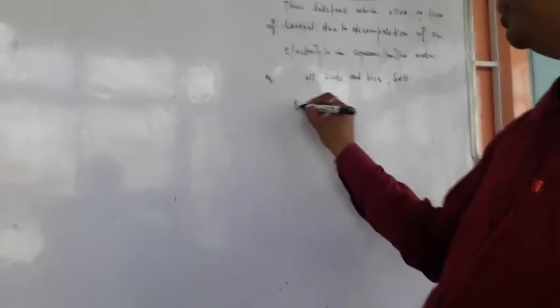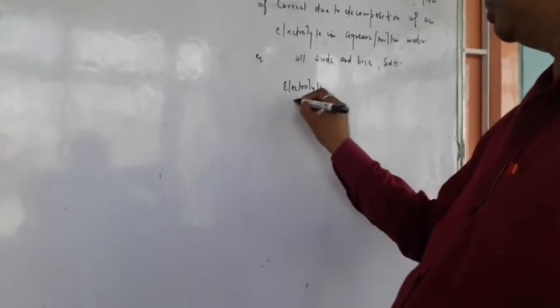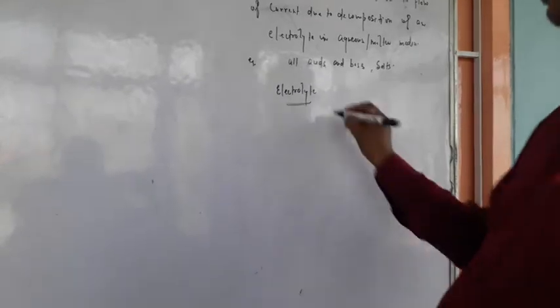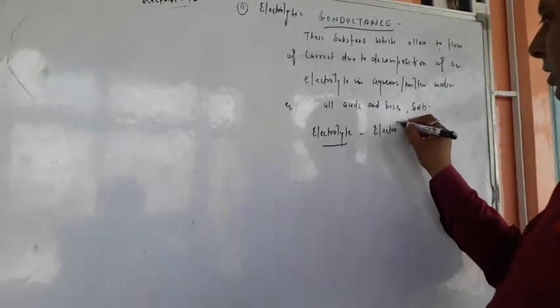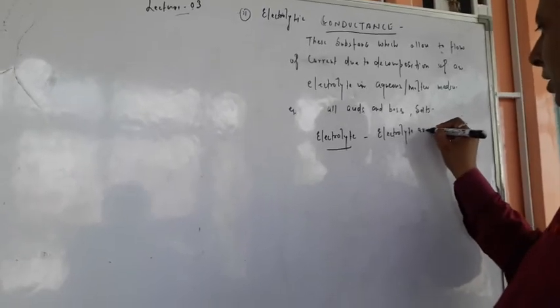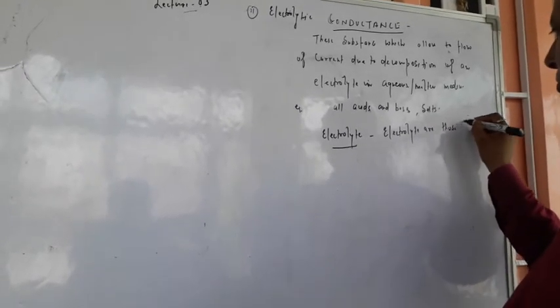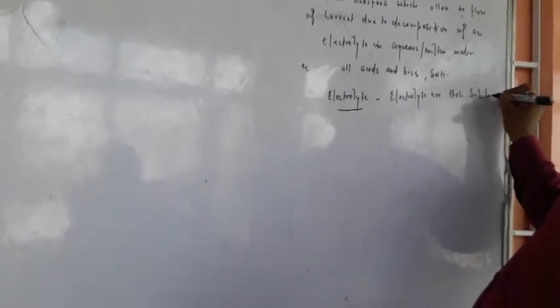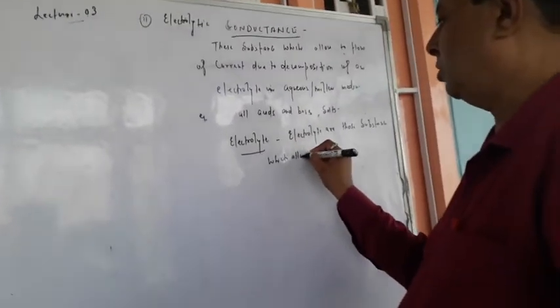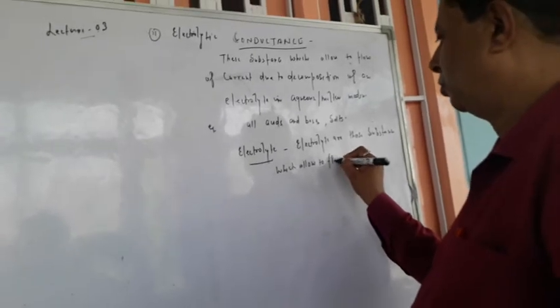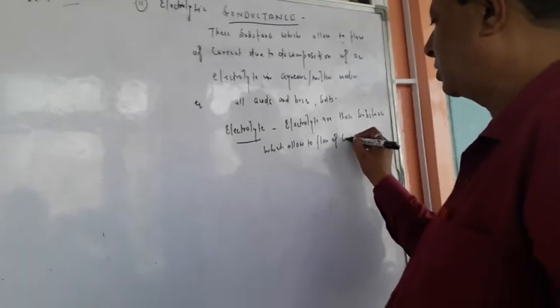First of all, what is an electrolyte? Electrolytes are those substances which allow the flow of current.